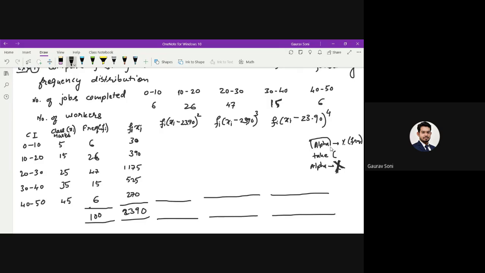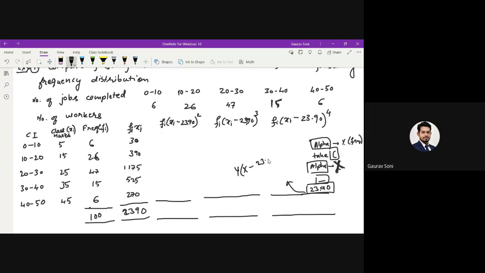These are buttons you need to press. Once you get x, then minus. Then you put the value 23.90.